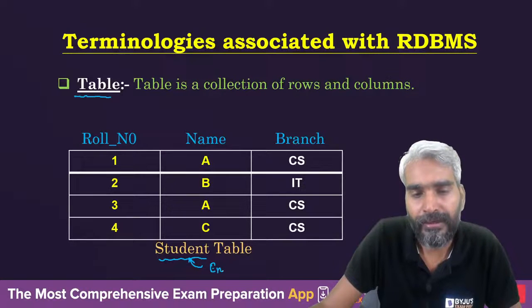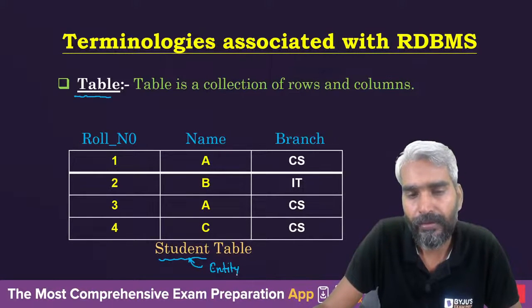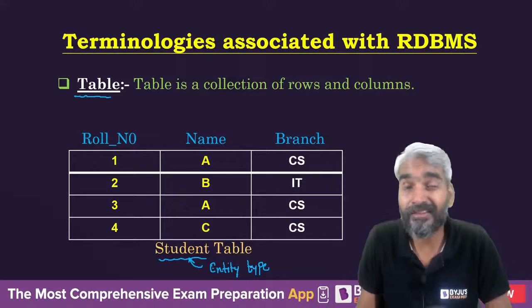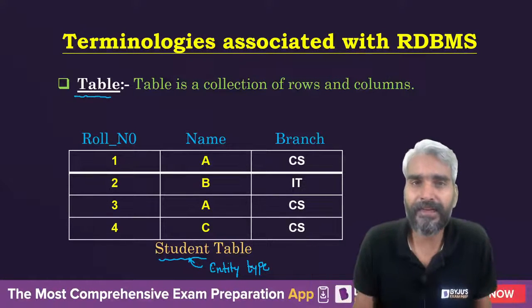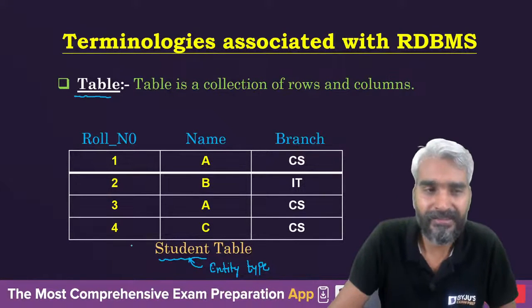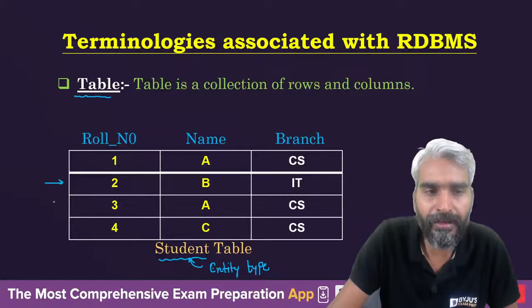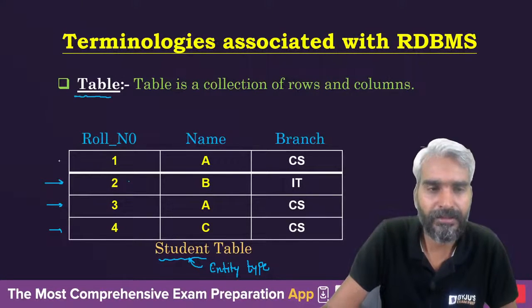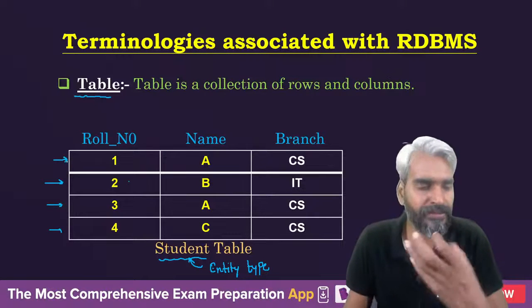If you think in terms of an ER diagram, this is the entity type. Now, what are the entities? Every row of this table will represent an entity. So this is one entity. This is one entity. Every row will represent one entity.